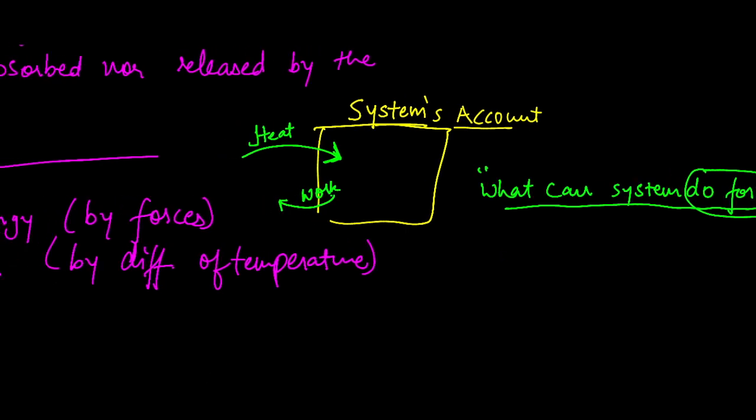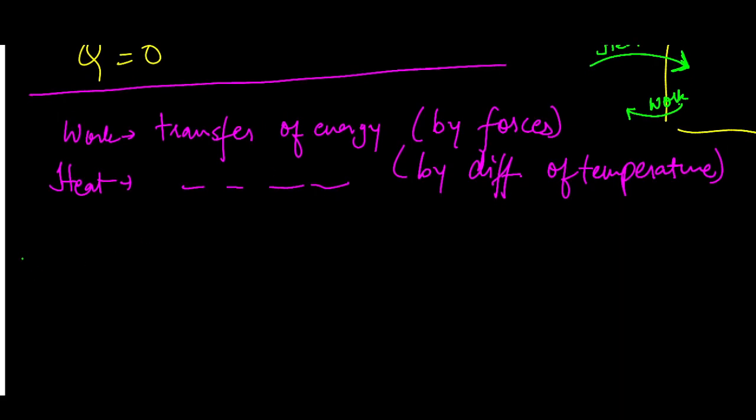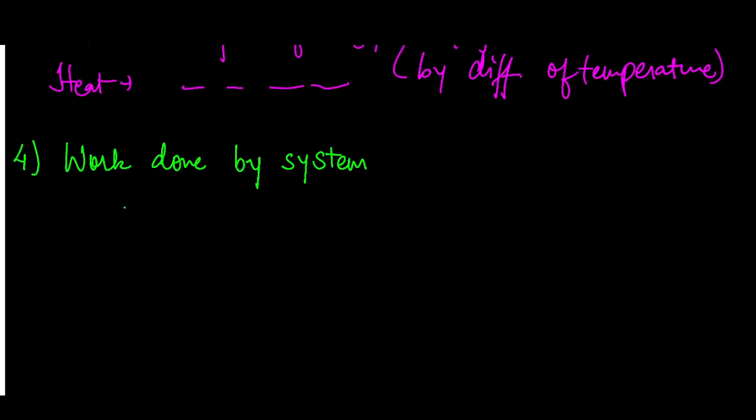When system does work, be careful, point number 4, work done by system, okay, that is considered positive, right? આ બે ની વચ્ચે એક લાઈન છોડજો. Okay, work done by the system is considered positive.